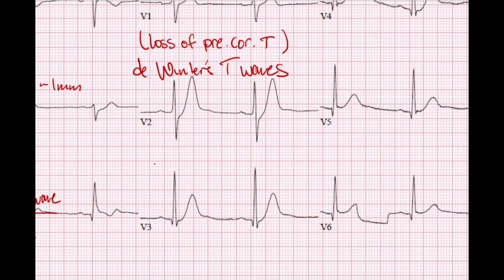Moving on to V3. We do have some Q waves, so pathologic Q waves. Because remember we said in V1, V2, V3, we definitely shouldn't have Q waves. We have a QRS complex. We have ST depression.